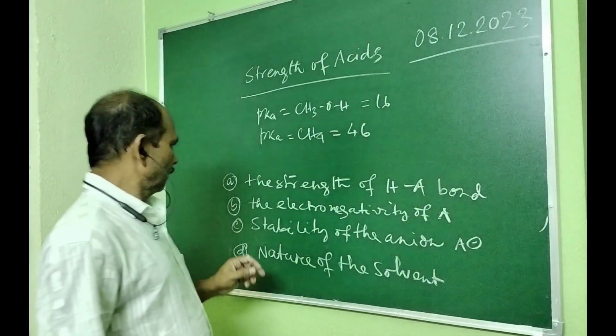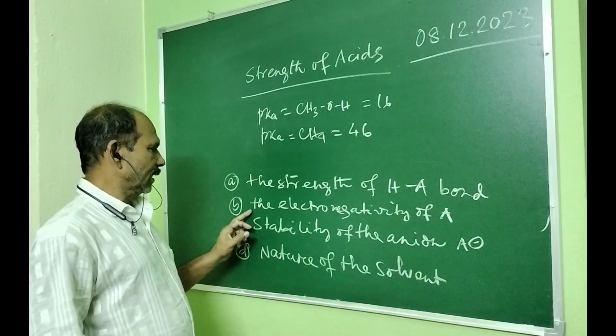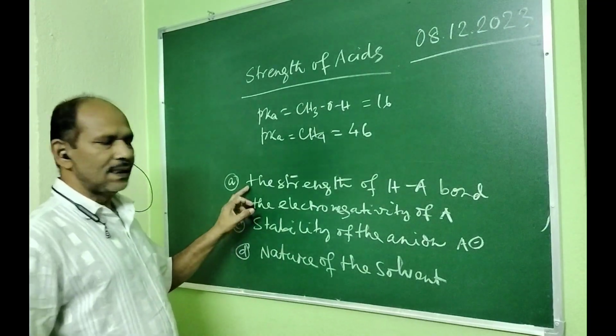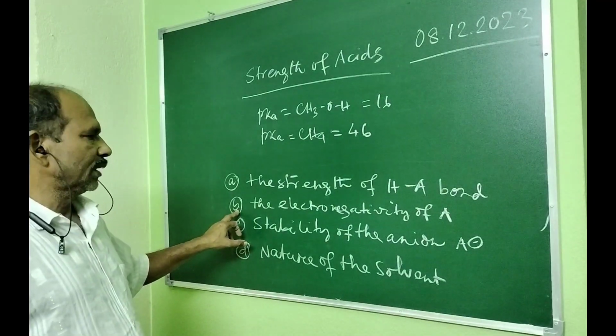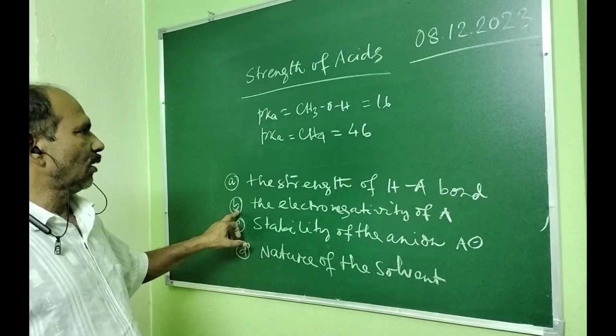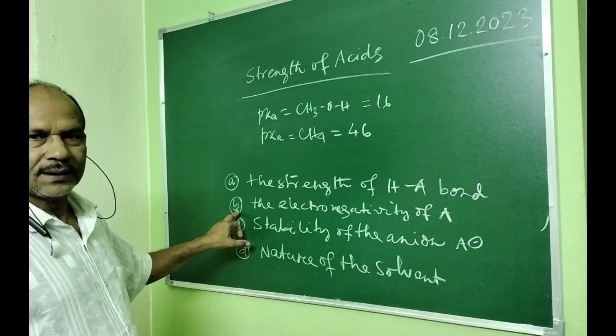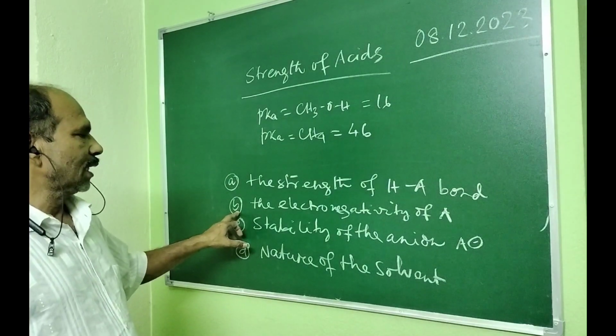Here factor B is important, because we know oxygen is more electronegative than carbon.